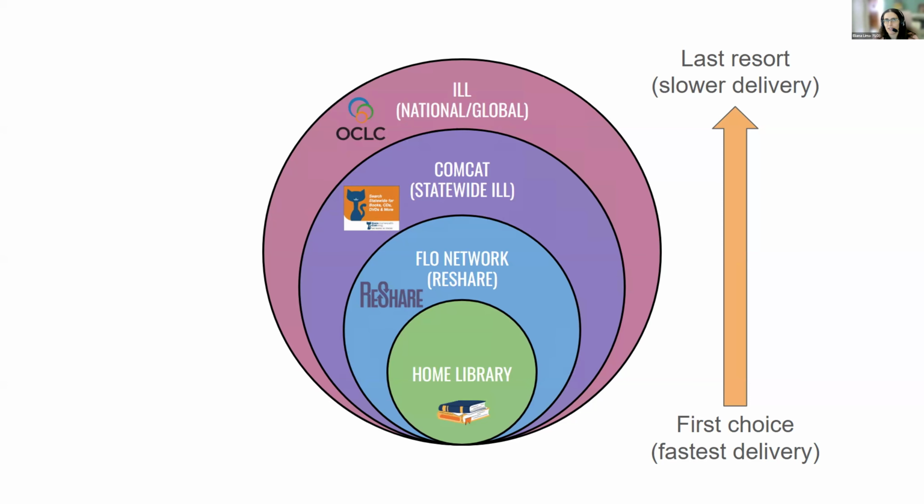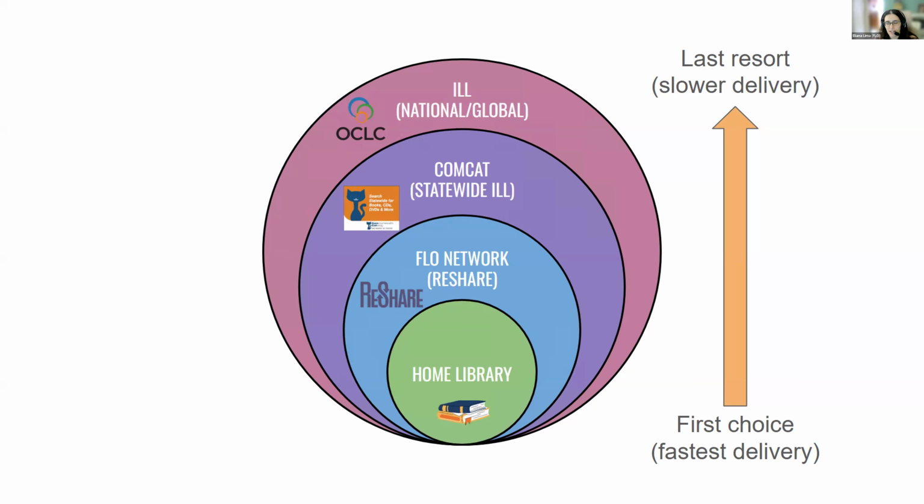There are like a handful that don't participate, but it's over 500 libraries, so it's a huge pool to choose from. And then, of course, the last resort is, I guess I would call it normal ILL. It's any other. I don't know what Berkeley is currently using, but most people use OCLC to get stuff outside the rest of these spheres.